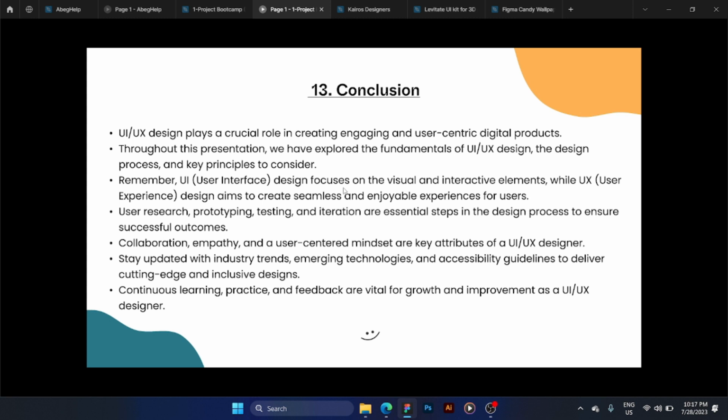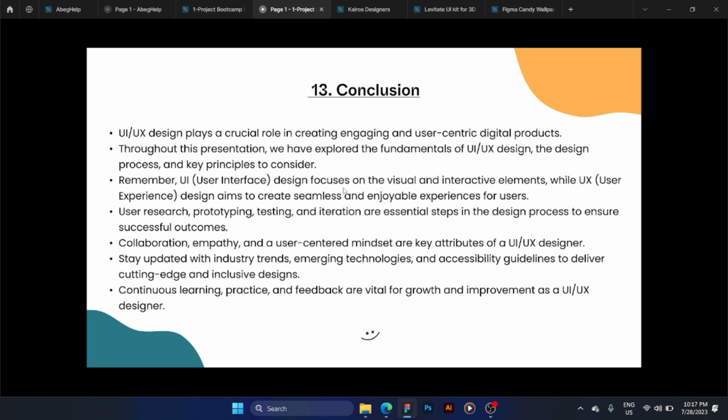So user research, prototyping, testing, and iteration are essential steps in the design process to ensure successful outcomes. If you put all of these processes into practice, the product you are going to generate for your company in a few months' time is going to be very, very awesome.